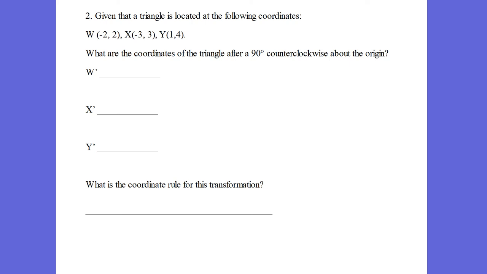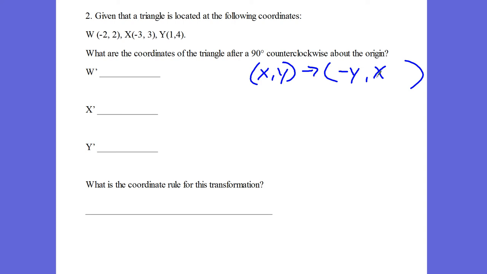Now, what is the rule for that one? So it's going to be x comma y. And so 90 degrees counterclockwise. What is the rule for 90 degrees counterclockwise? Negative y. Negative y. Positive x. Or the regular x, sorry. Just x, right? You guys all agree?